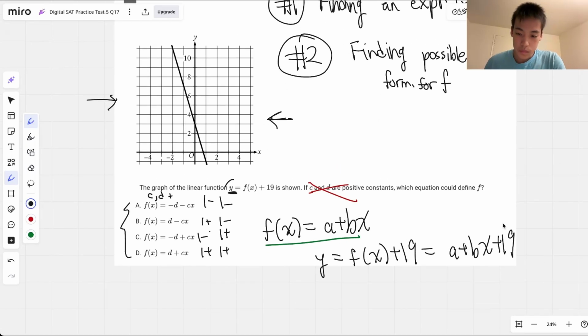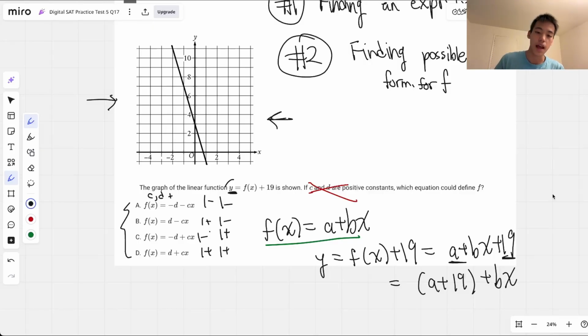And we can just group these together into a plus 19 plus bx. The reason for grouping that is to see eventually that this will help us deduce the signs of a and b.